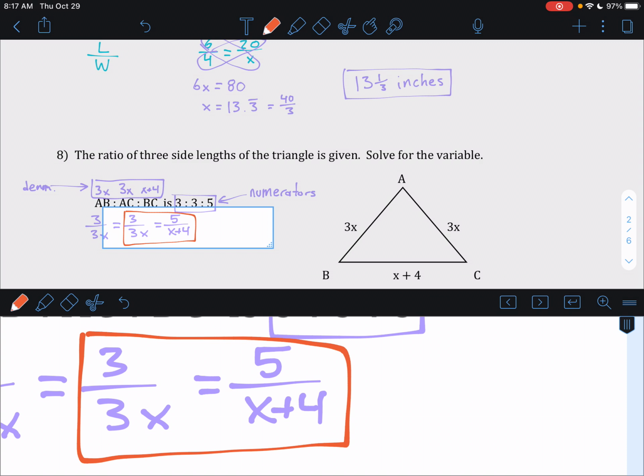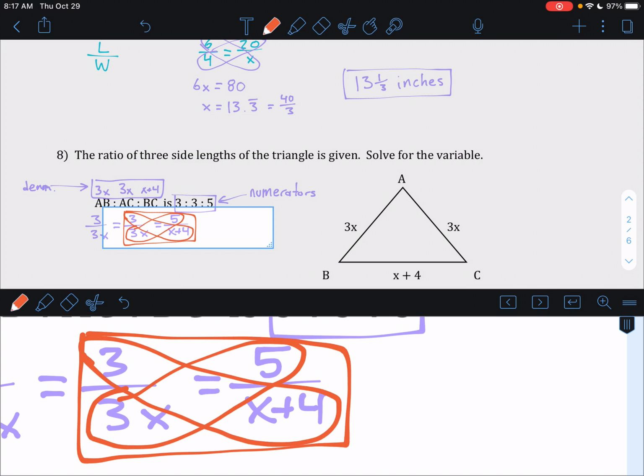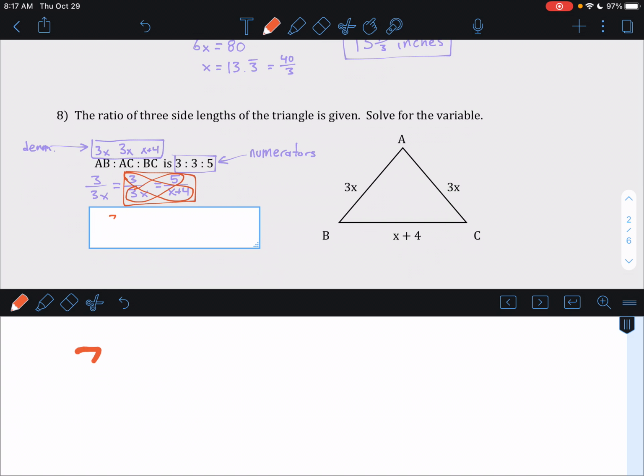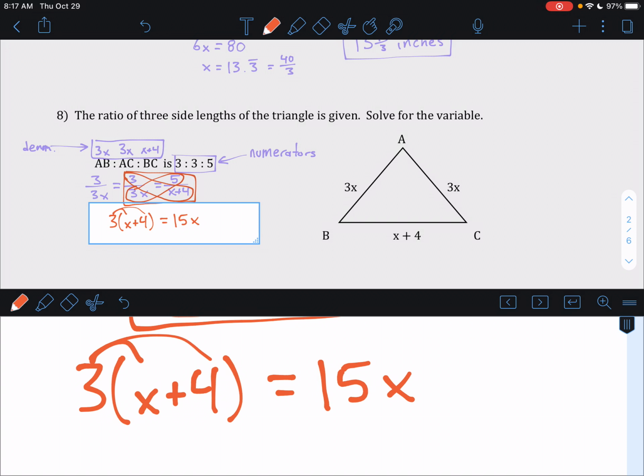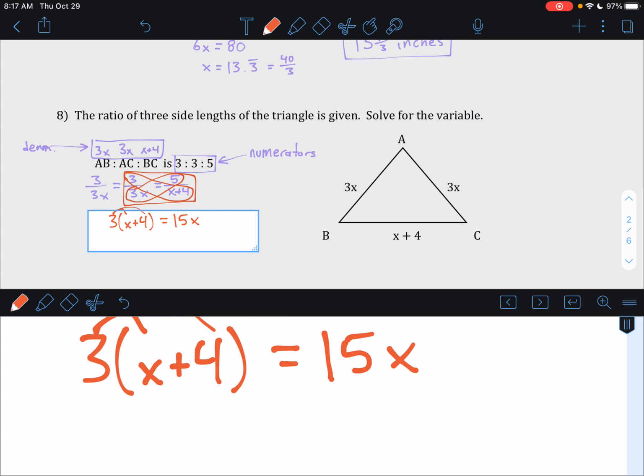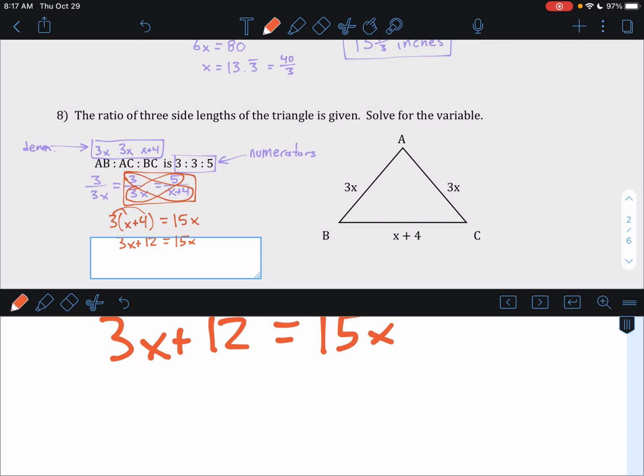So I'll use my butterfly method. So 3 times x plus 4 equals 3x times 5. And 3x times 5 is 15x. I will distribute my 3 inside the parentheses. Gives me 3x plus 12 equals 15x.